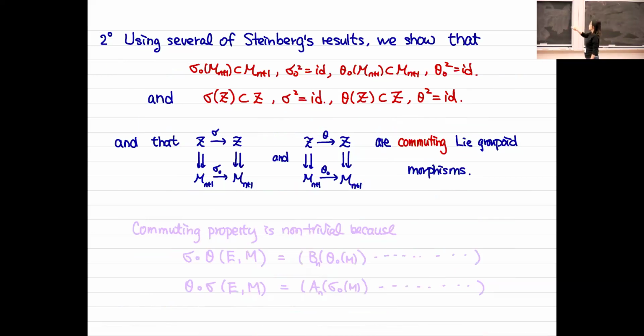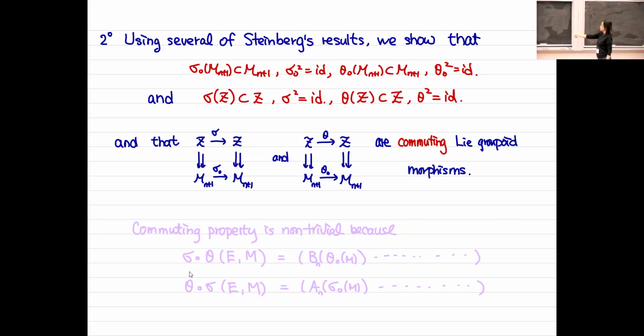So using some of Steinberg's results, we can show that sigma and theta indeed preserve the space, and they are involutions. One important thing is that these two actually commute. As you can see here, this is theta composed with sigma, and this is sigma composed with theta.